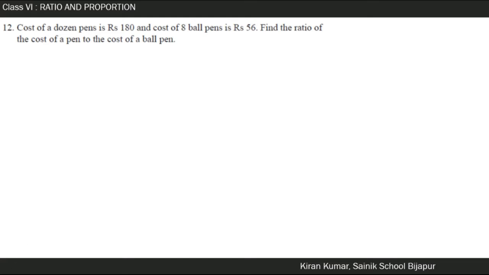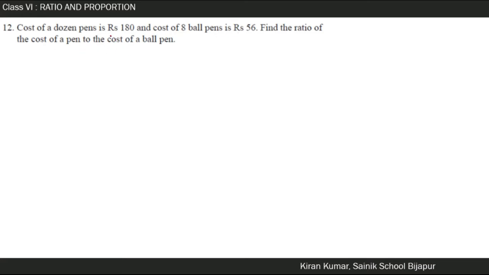Question number 12. The cost of a dozen pens is rupees 180. Cost of 8 ball pens is rupees 56. Find the ratio of cost of pen to the cost of ball pen.